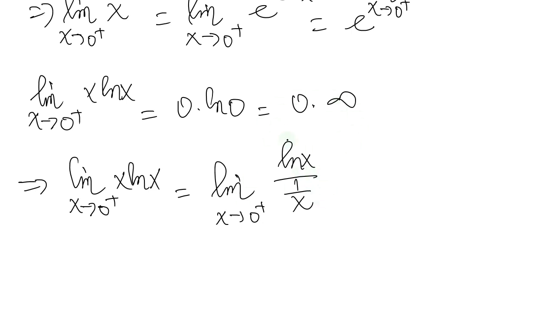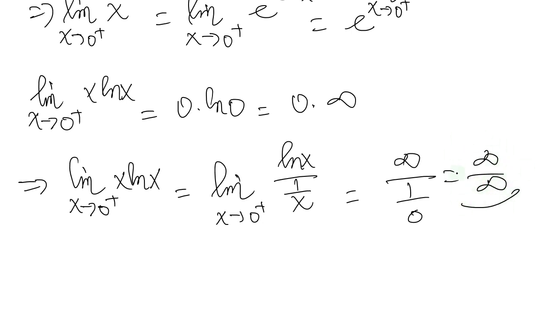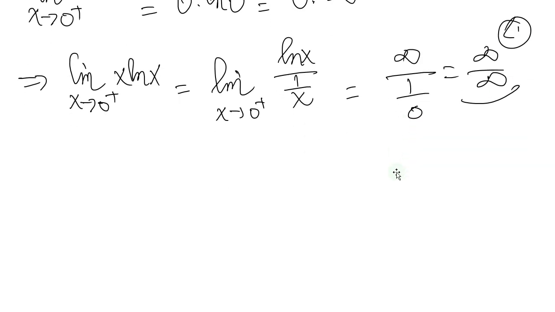If we apply now the indetermination here, this is equal to ln of 0, which is infinite, and 1 over 0, which is infinite. So this is infinite over infinite. So from here, we know that we can apply the L'Hopital rule, right?